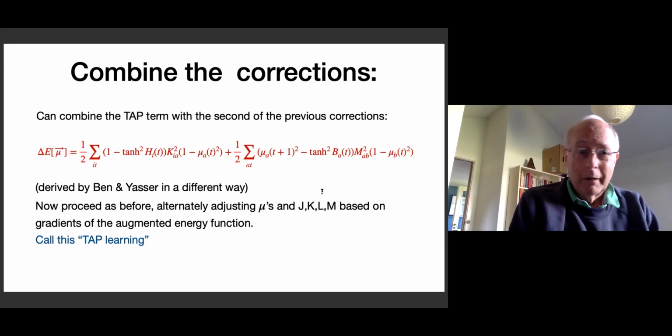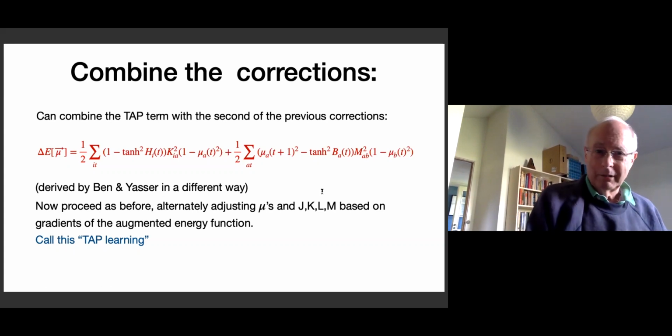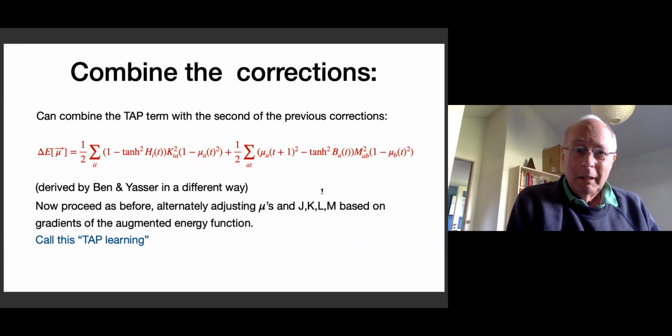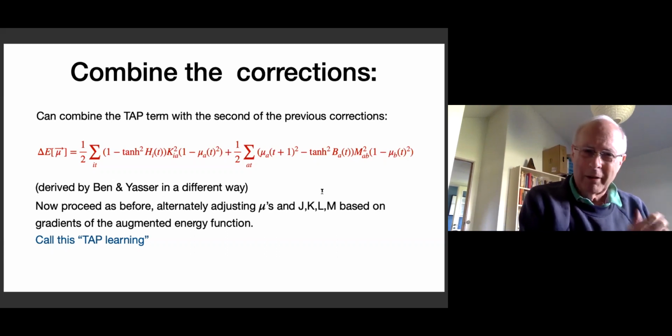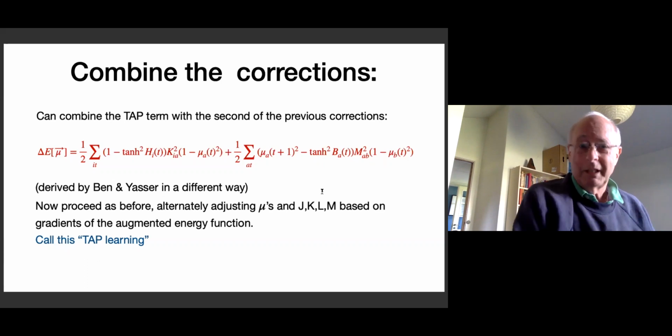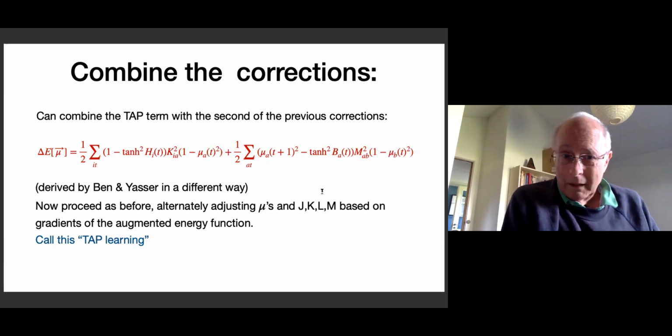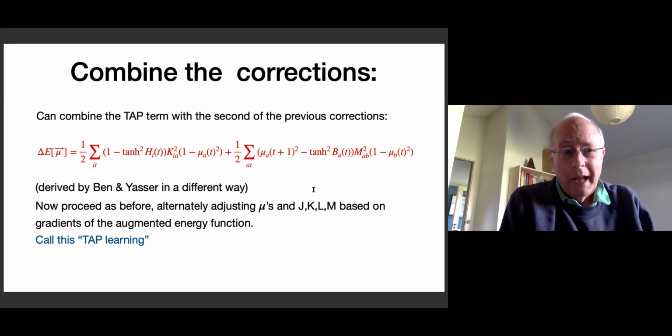Now, this was derived by Ben and Yasser in a very different way, but I just wanted to present this derivation because I thought it at least helped me see where things came from. So you just add these terms to your energy and then follow the recipe.